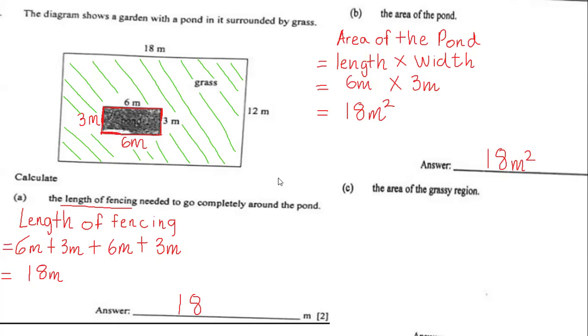All right, go ahead. Okay, someone said we have to subtract. What do we have to subtract? Let me ask Tegan. Tegan, how are we going to figure out the area of the grassy region?